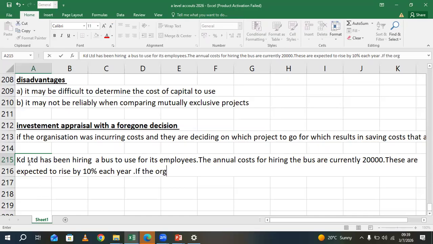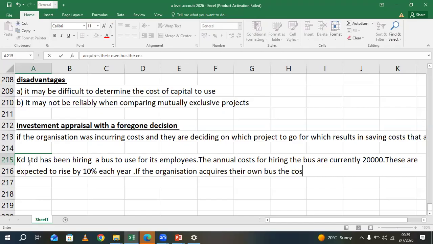If the organization acquires their own bus, the cost of the bus is expected to be 50,000.